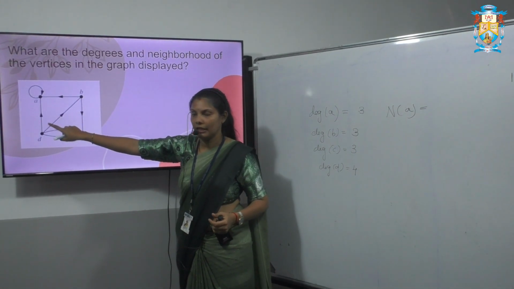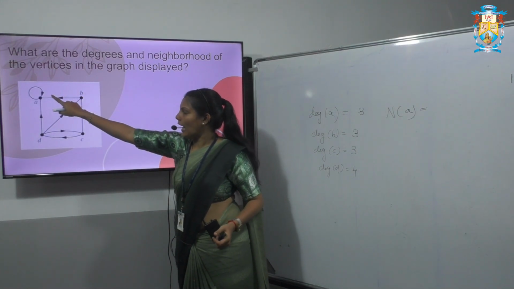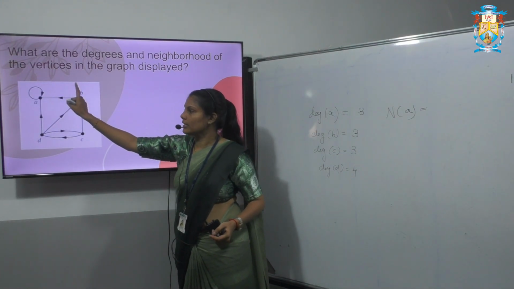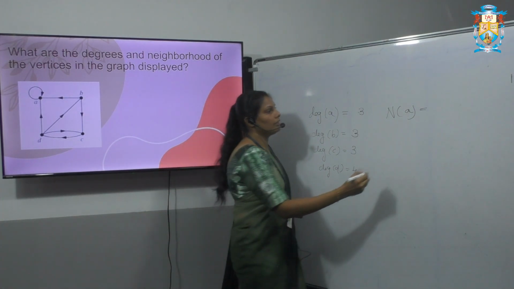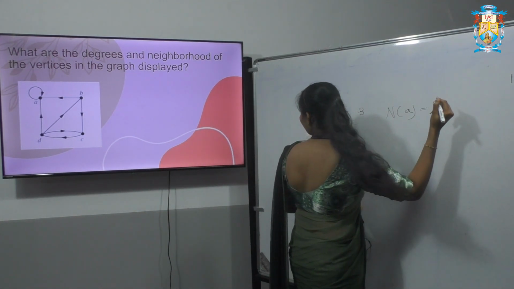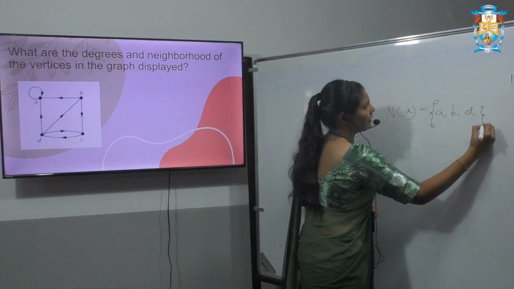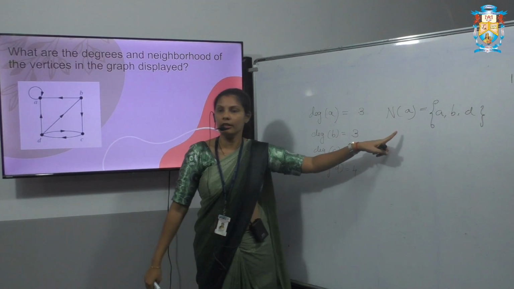Here it is D and B, and when the loop is there we have to consider that loop also. So the neighborhood of A is A, B and D. These are the neighborhood of the node A.